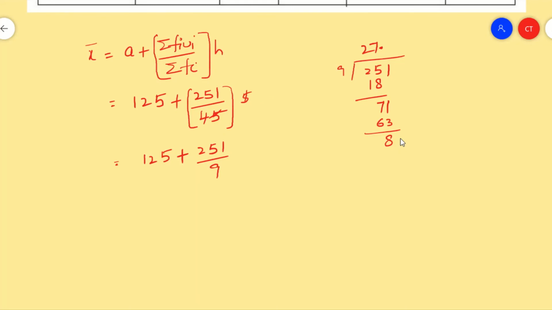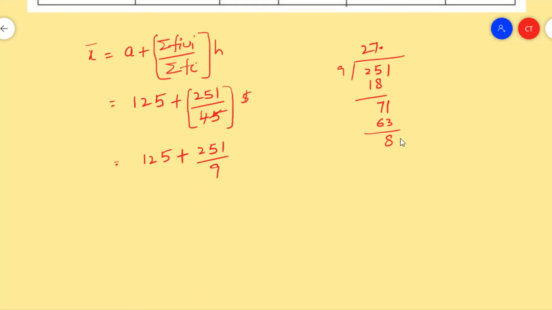So it is equal to 125 plus 22.22. This value is approximate. Adding these, we get 147.22, approximately. So this is our final value.